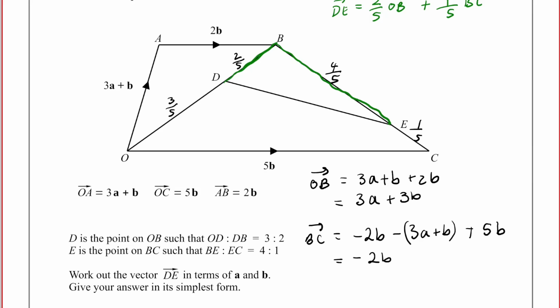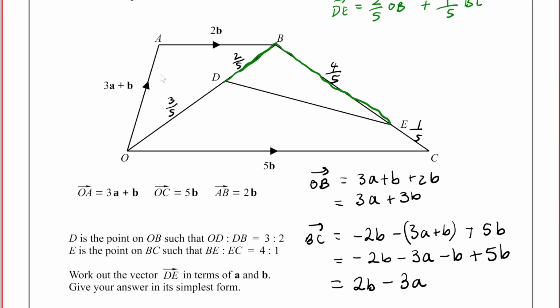So it's minus 2B minus 3A and minus B plus 5B. So minus 2 minus 1 is minus 3 plus 5. That makes 2. So we've got 2B's and minus 3A's.